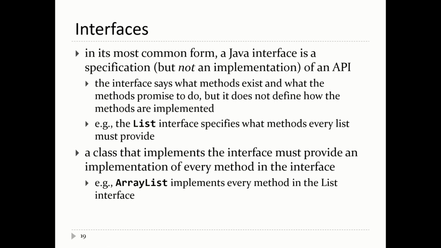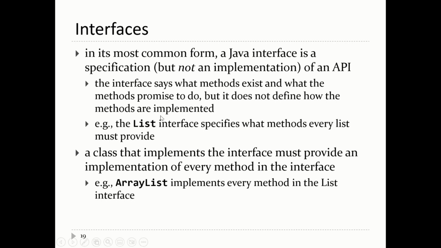All that means is that an interface is a bunch of methods, but the methods have no implementation. An interface says what methods exist, and what the methods promise to do, but it doesn't define how those methods are implemented.